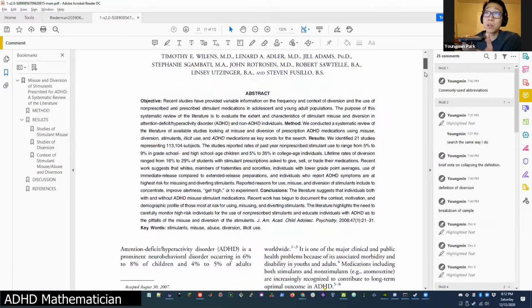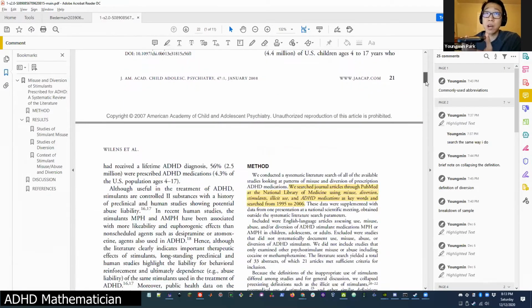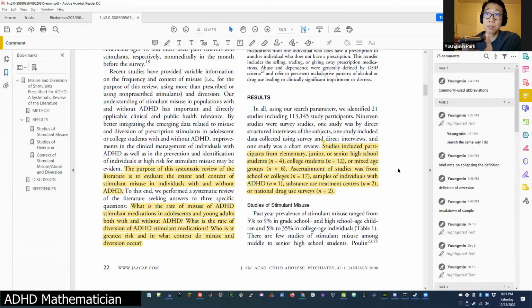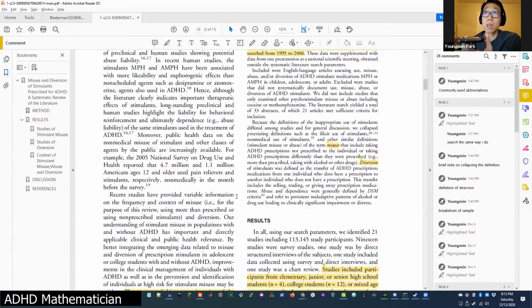I'll go through this pretty quickly. This is one of the most dry, boring papers I've ever read. It's literally effectively a list of all the different studies that exist. And so, what else can you really do in terms of actually writing this thing?